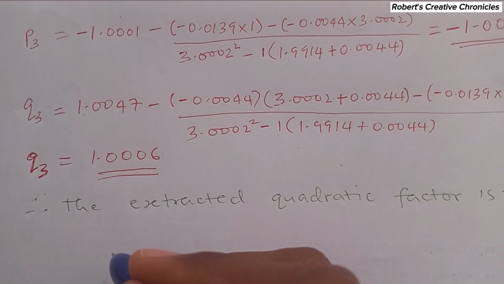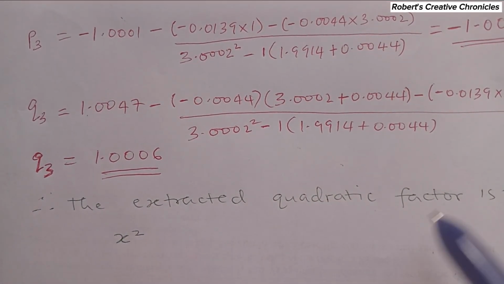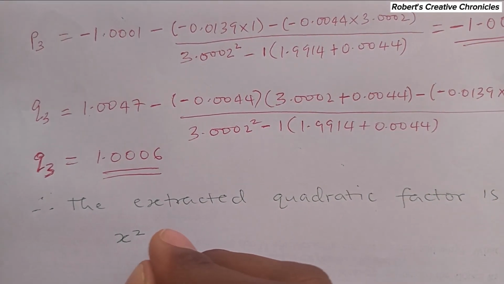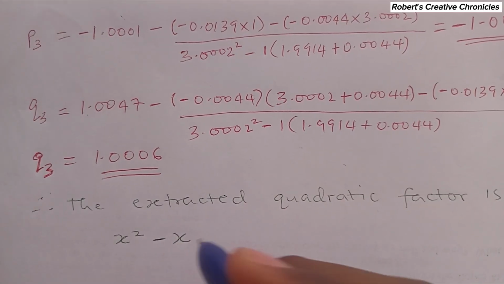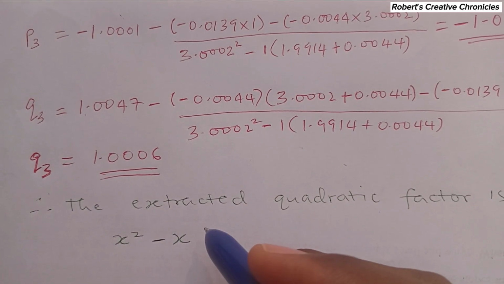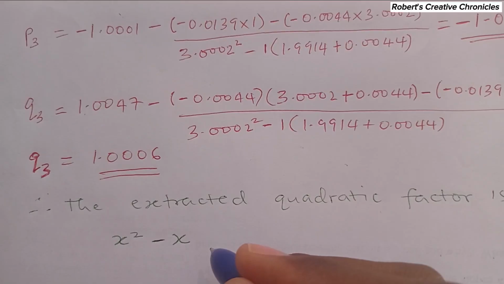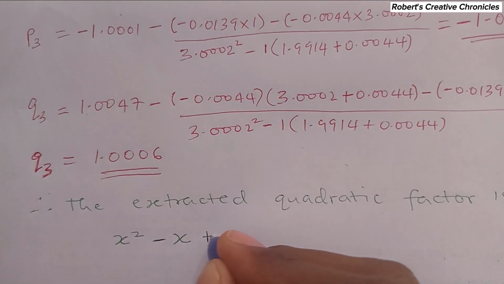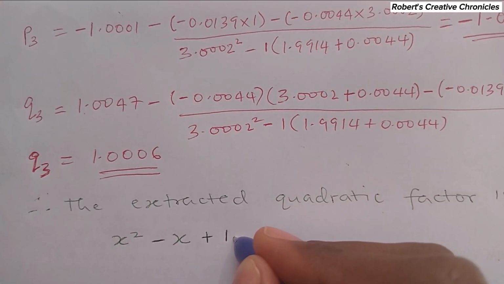So now it will become x squared. P now will be negative 1 times x, which is negative x. Then q now will be plus 1.006.